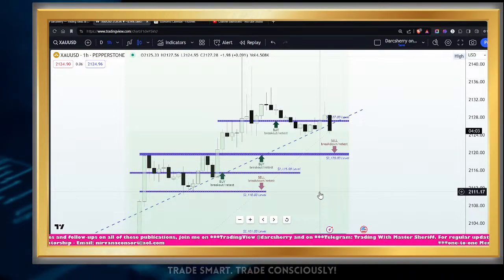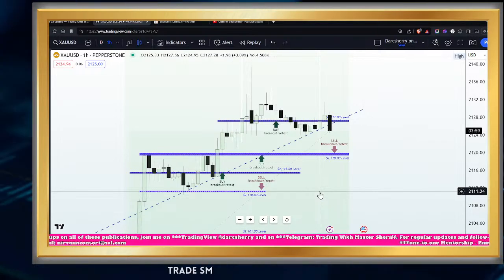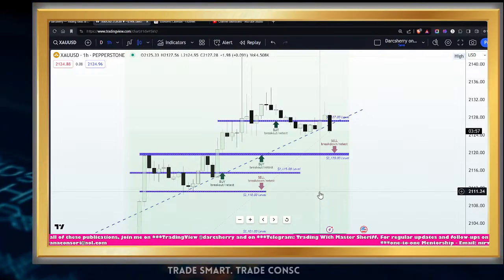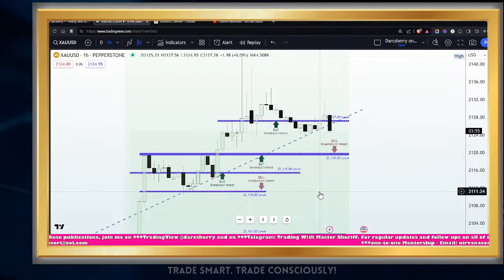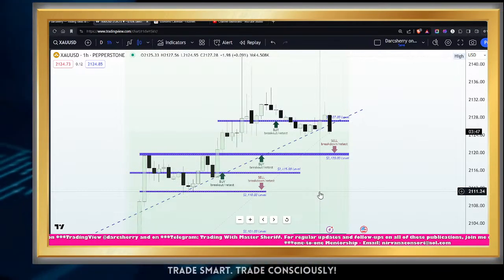If we look at things from a psychological perspective, it's clear that price action is at an all-time high area, and whenever price action falls within this kind of territory, it usually takes a while before price action acclimatizes to the zone.